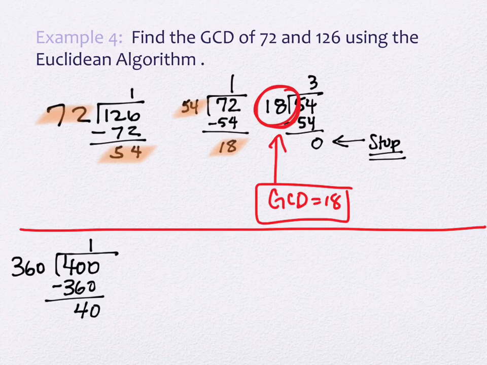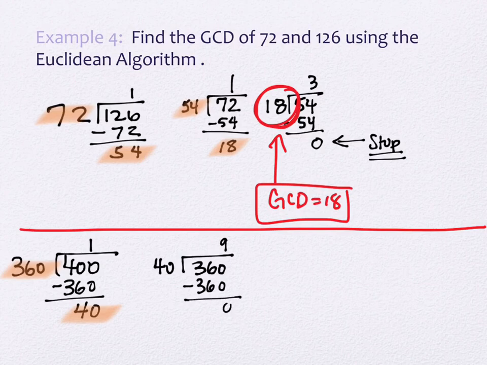So then I'm going to look at 360 and 40. The 40 goes on the outside. The 360 goes underneath. And how many times will 40 go into 360? 9 times. This one ends very quickly with the Euclidean algorithm. This tells me to stop. What is my greatest common divisor? 40. It's the last number I divided by.